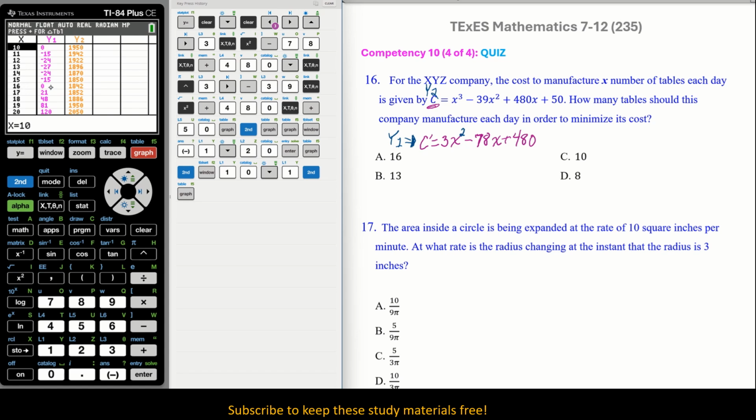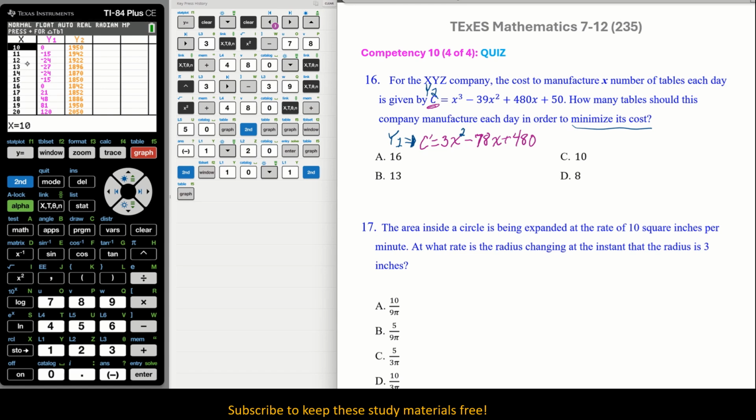That's the other root, but the cost is 1,842, which is less. So this means our minimum cost is achieved at x equals 16. 16 tables per day gives us a minimum cost.